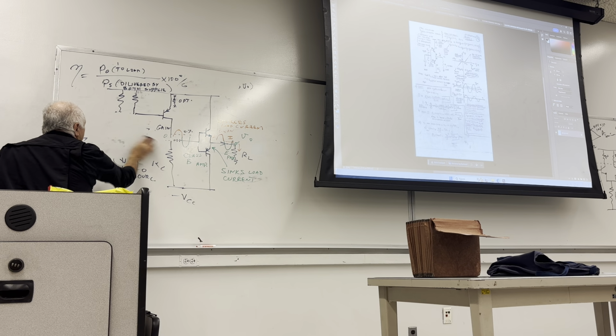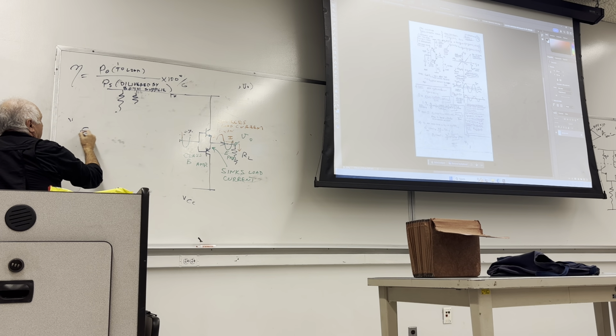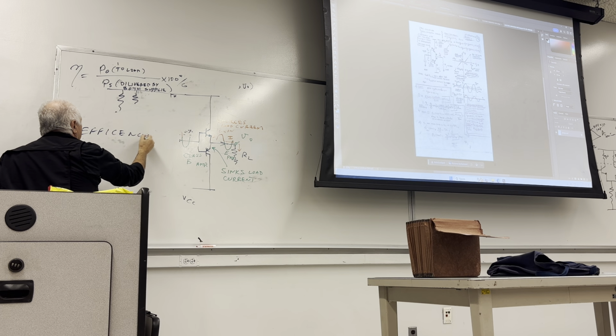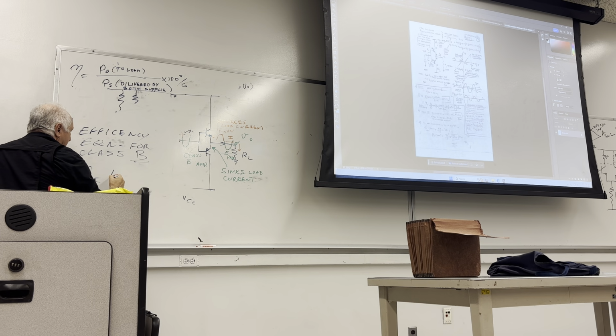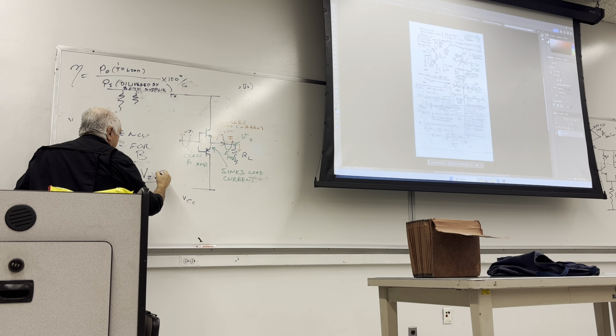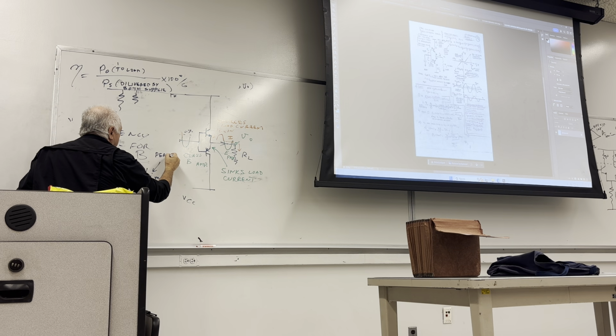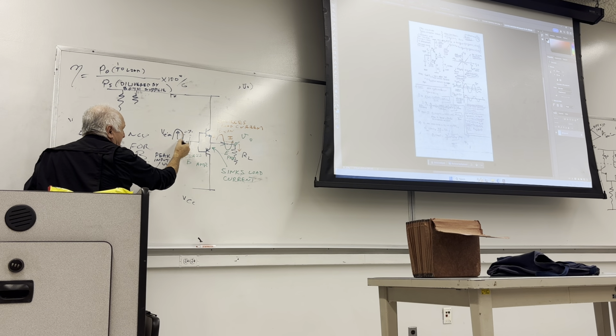The official formula for the class B, known as the efficiency equation for class B, is eta equals pi over 4 multiplied by VIM, this is the peak input voltage, which is this guy here, VIM, or maximum voltage, which is symmetrical, the same thing as the negative.